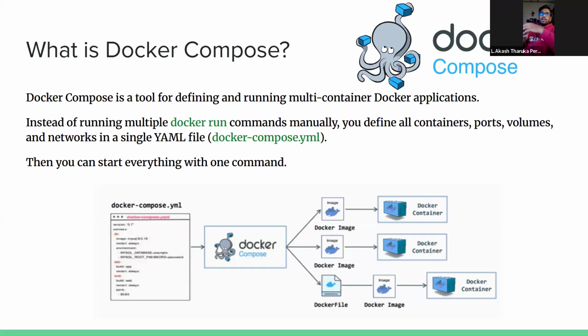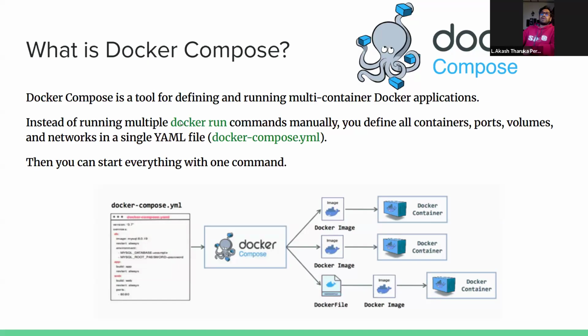For example, a web application that you are running on Docker might need MySQL. It might need some sort of an OTP client. Then you have to run all these things separately. But with Docker Compose, you can run multi-container applications within the same Compose file.